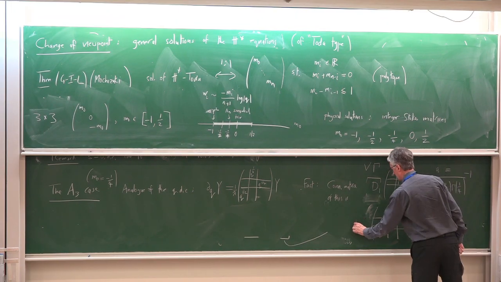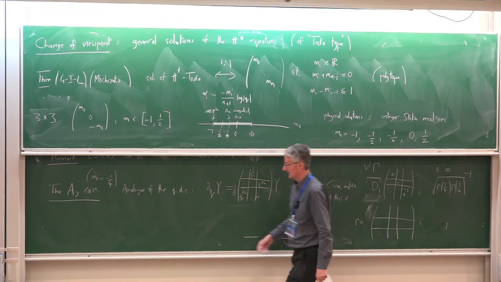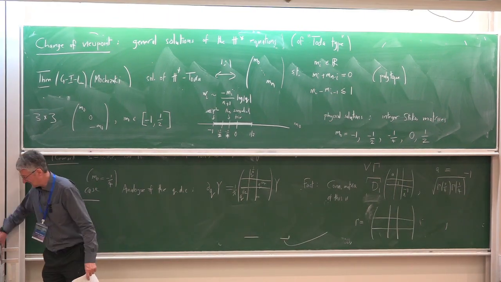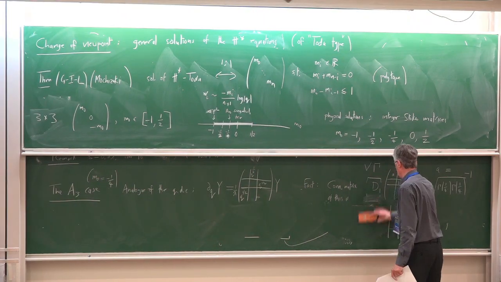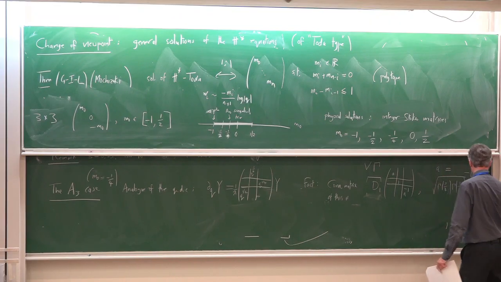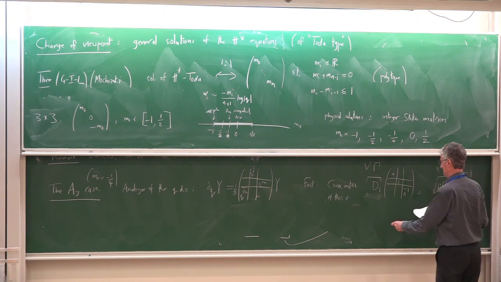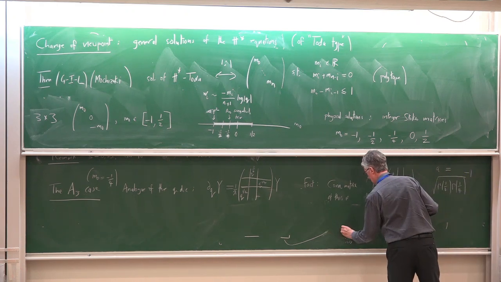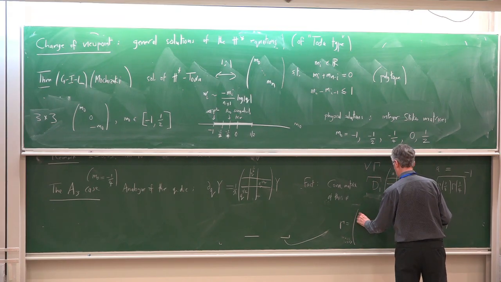So the gamma, in this case, is sort of the gamma class, although there isn't really a gamma class in this case because we don't have any nilpotent matrices floating about. So gamma is actually a diagonal matrix. And I just want to write what it is.